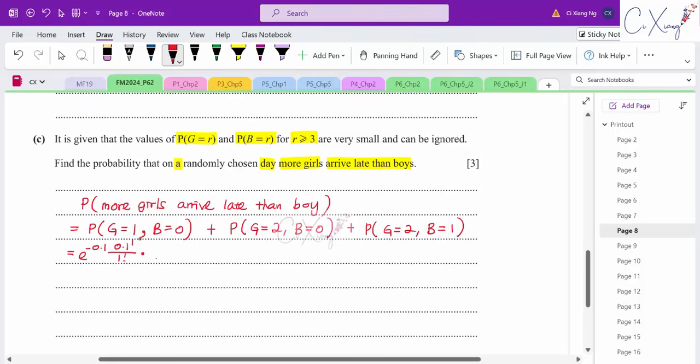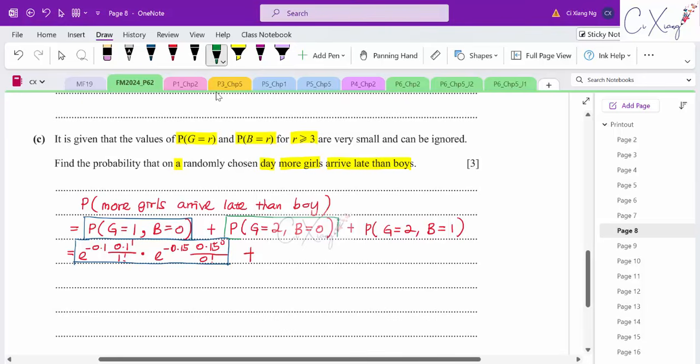Multiply with e negative lambda, lambda power 0 divided by 0 factorial, this is for boy equals to 0. Okay, so this is the first one. Then how about we look at the second one?